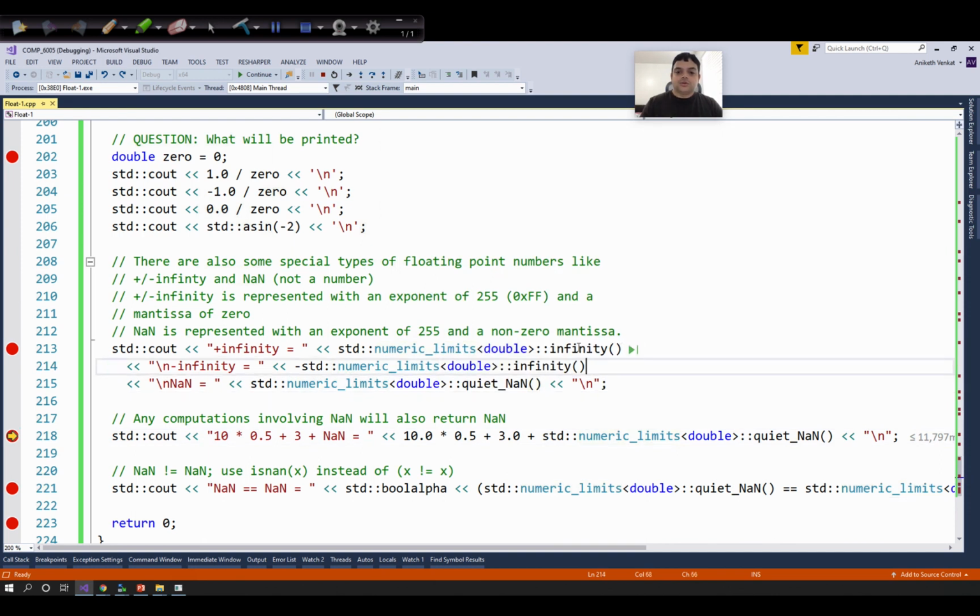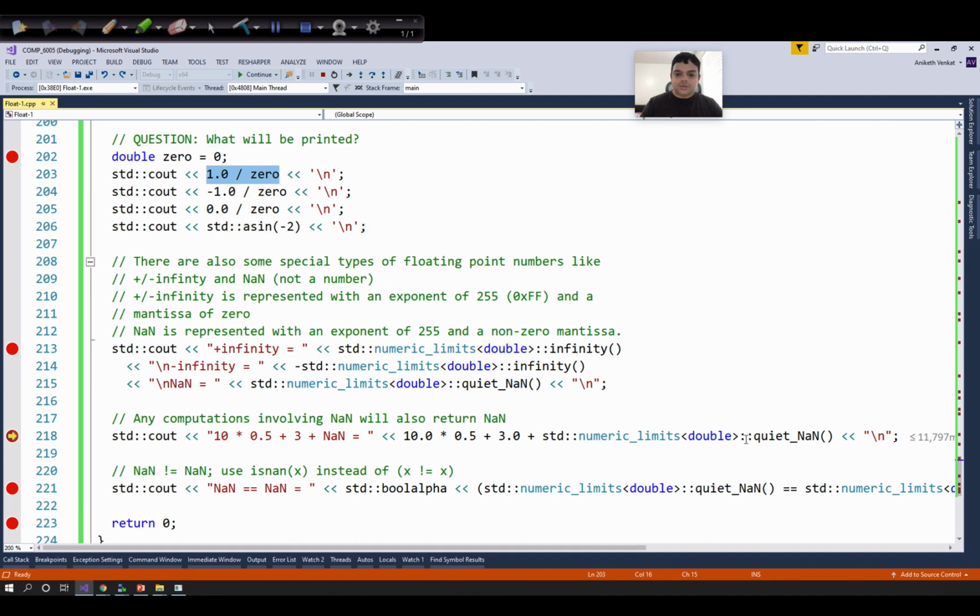You can just use std::numeric_limits and query what is infinity if you want to check whether a number is less than infinity. So for example, when we do division, we want to check whether the number is less than infinity, or when we cast from a double to float, we want to see whether the cast failed or not. If the cast failed, the number will be infinity. If the cast worked, the number will be the closest approximation.